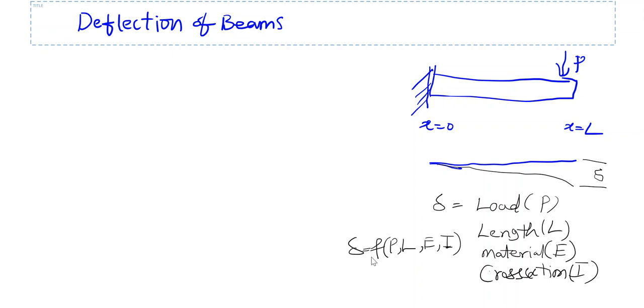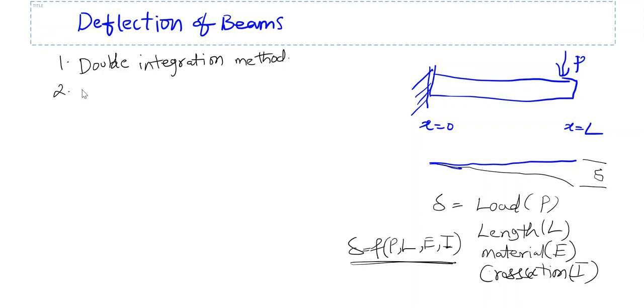Let us see how to quantify this deflection of a beam. This delta can be obtained by two ways. One is double integration method, and the other one is moment area method.